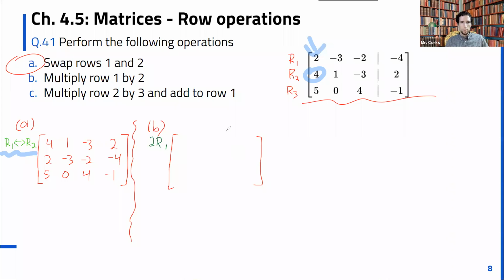All right, so let's do that here. Row 1 going back to our original matrix here, so ignoring the result from A. What is our new row 1?